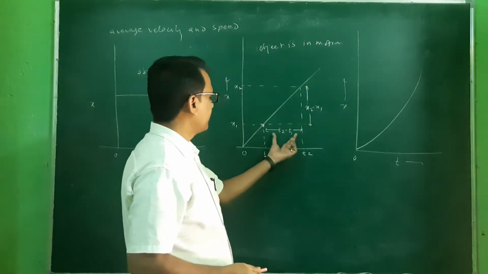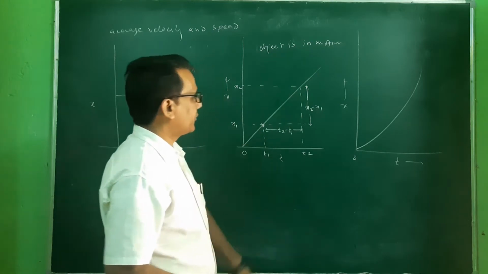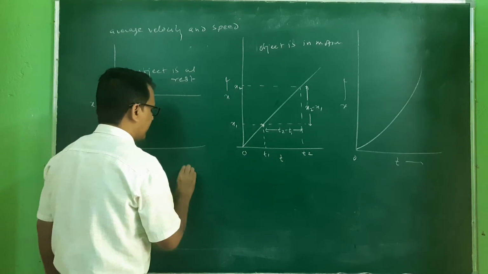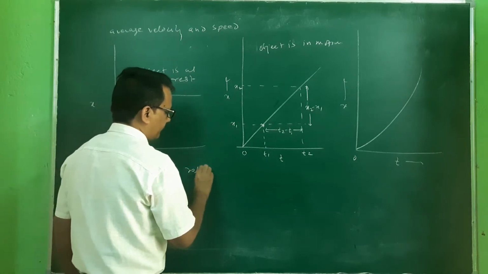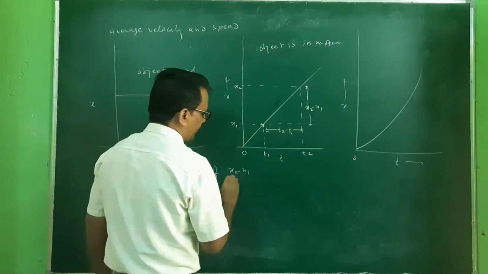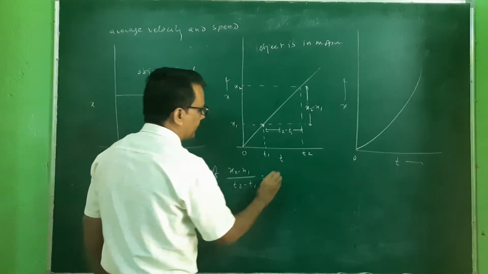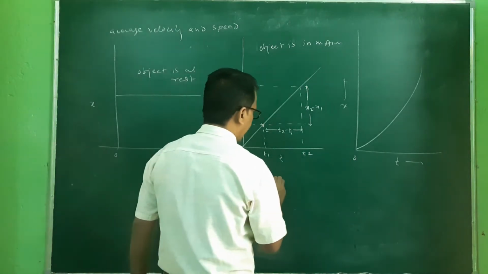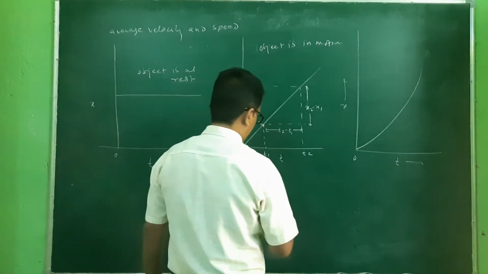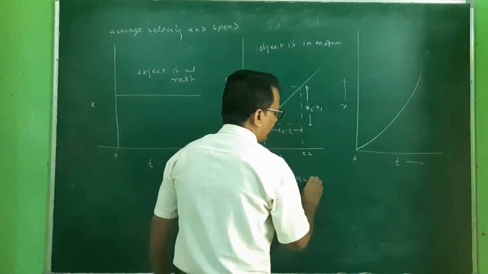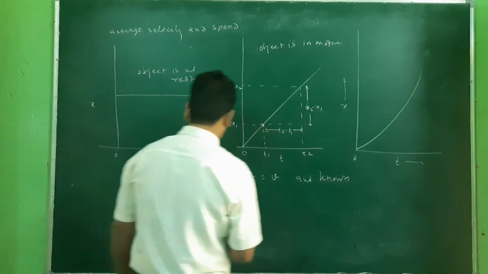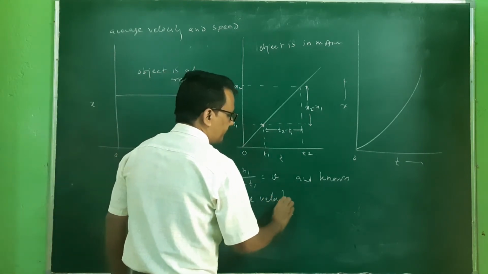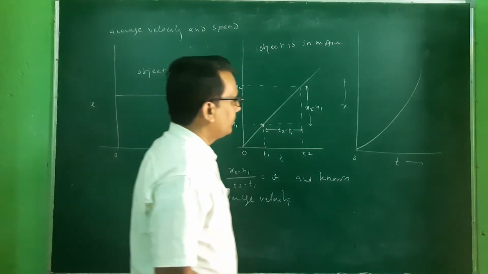The ratio, x2 minus x1 by t2 minus t1, is constant in this case, is represented by v, and is known as average velocity.